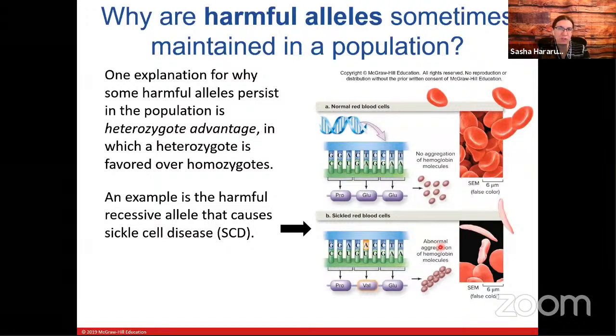So as a result, the red blood cell does not carry as much oxygen. So only people who are homozygous recessive will have the sickle cell disease. People who are heterozygous are not going to experience the symptoms of the disease. Okay, they will have normal functions.